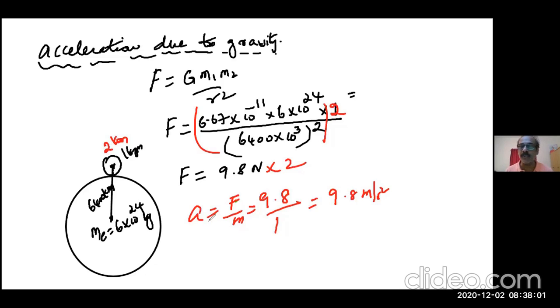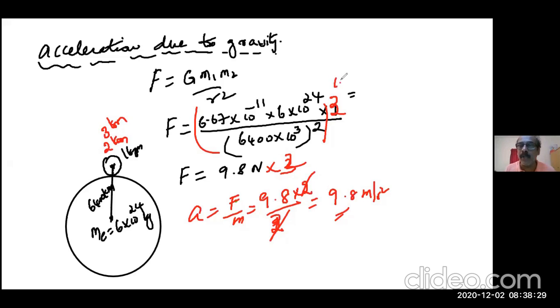Then acceleration of 2 kilo body, 9.8 into 2 divided by mass of the body, 2. So 2 cancel. See, acceleration remains same. So your mass increasing, proportionally force also increasing. So force by mass remains same. So acceleration remains same. Keep your 3 kilo body, then this will be 3, this will be 3, division will be 3. Answer will be 9.8.